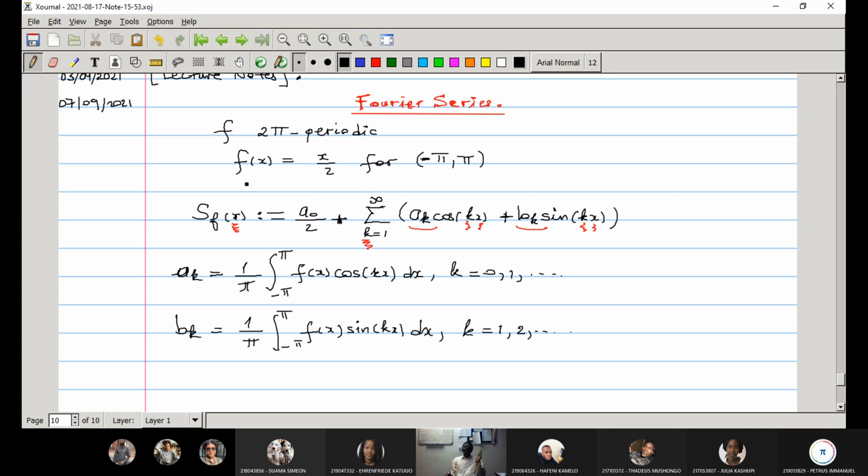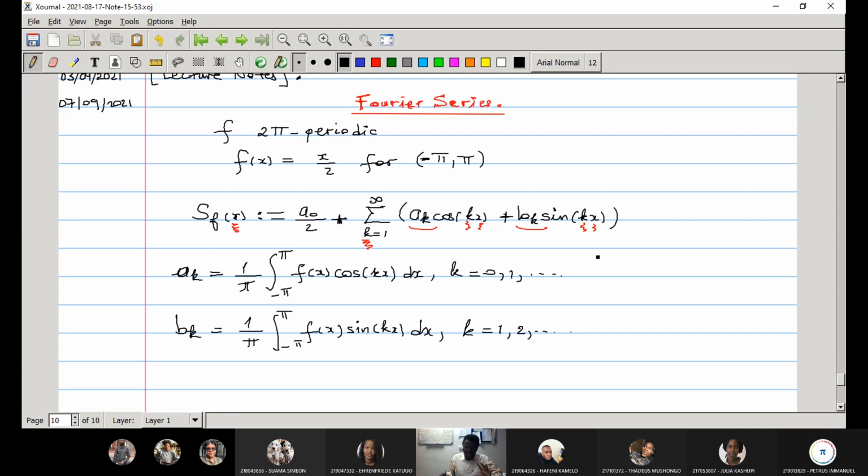If the function was defined differently, for instance, if I had the expression of the function from negative pi to 0, and then from 0 to pi, this will mean that I will have to split this interval from negative pi to pi accordingly and substitute the corresponding value of f for each subinterval. So this does not mean that if I have my function defined on various intervals, I will still plug that same function here. No, you have to split this interval accordingly.